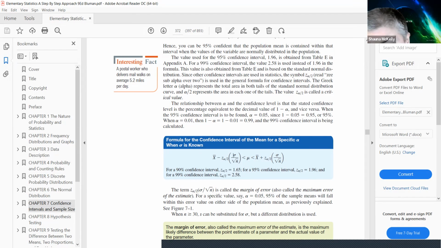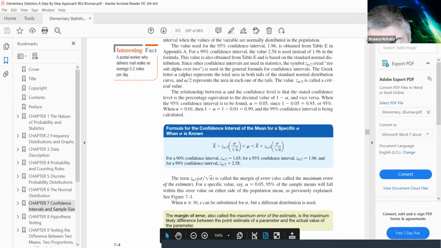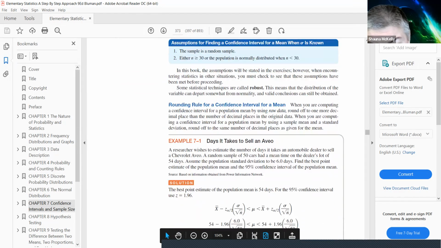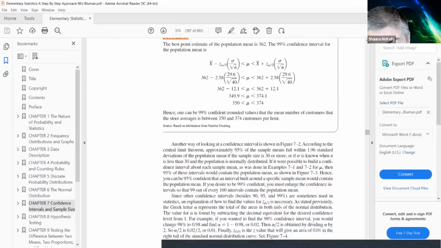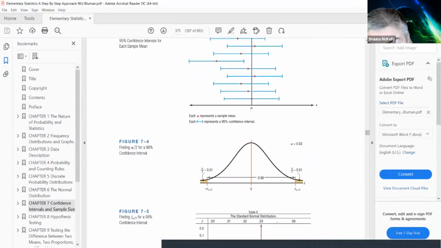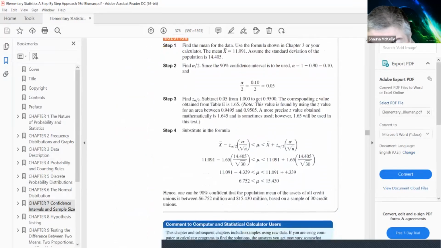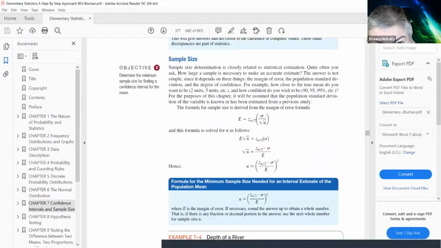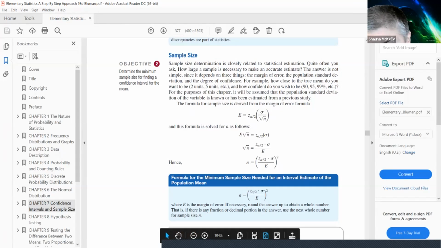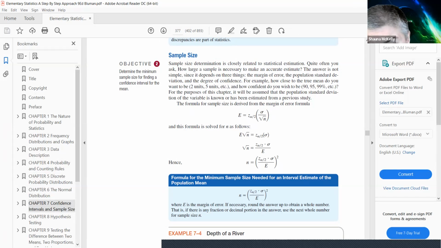But when you have your margin of error already and you want to find the sample size, that's further down in the chapter. What they do is, it's kind of hidden. It's right here on this page, formula for the minimum sample size needed. That's what you want to use.